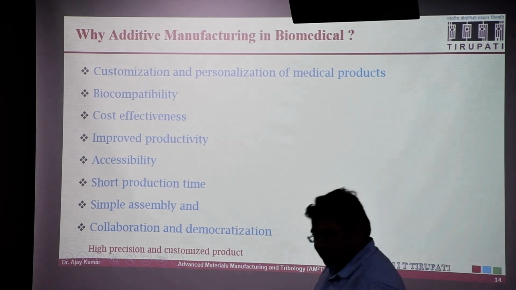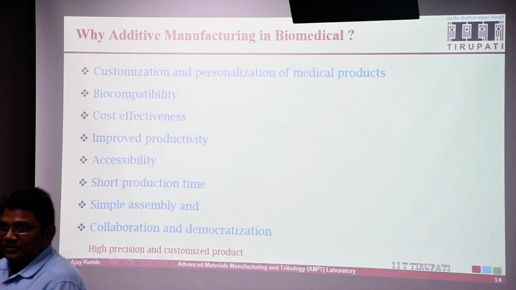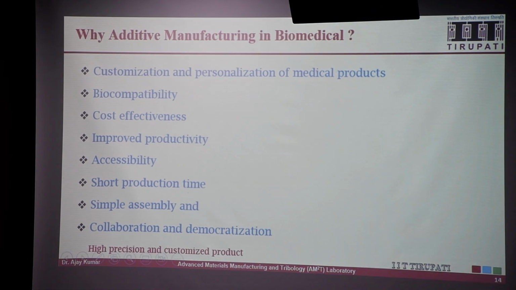Okay. Just imagine when you are using the additive manufacturing process and the conventional manufacturing process. What difference can you see? Can anybody say? Customization. Mask customization is better. We can make more complex parts.